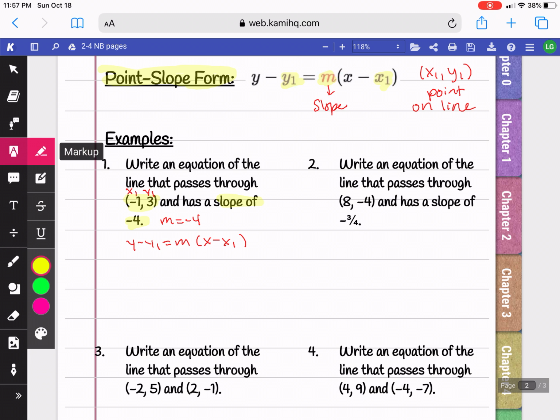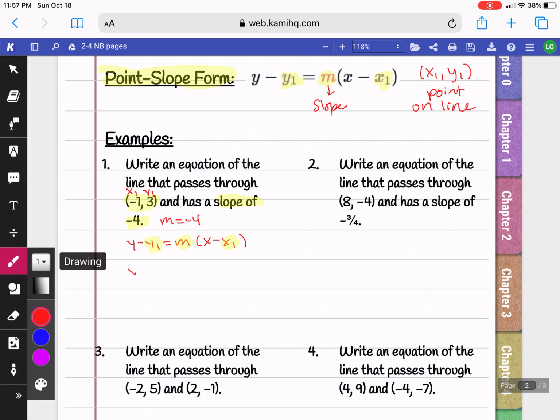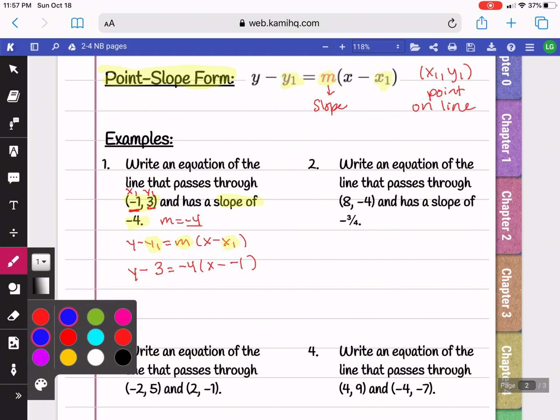And we're going to plug in for y1, m, and x1. So I have y minus, y1 was 3, m, or the slope, was negative 4, parentheses x minus, x1 was negative 1. And here, remember, anytime you see a double negative, that actually changes to a plus.